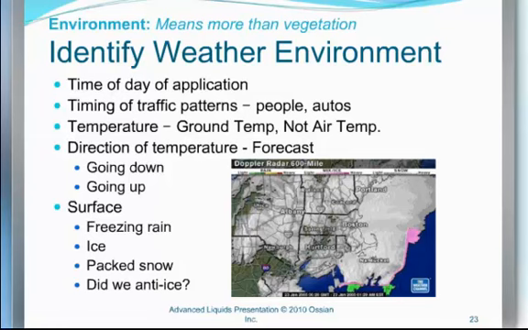If it gets below 15, we don't want to use anti-icing. If we get above it, we're fine. But we want to understand that it's not where the temperature is at the moment as much as where the temperature is headed. We could actually be at 15 degrees, but have temperatures that are dropping quite rapidly, and at that point we probably would not want to do the anti-icing.